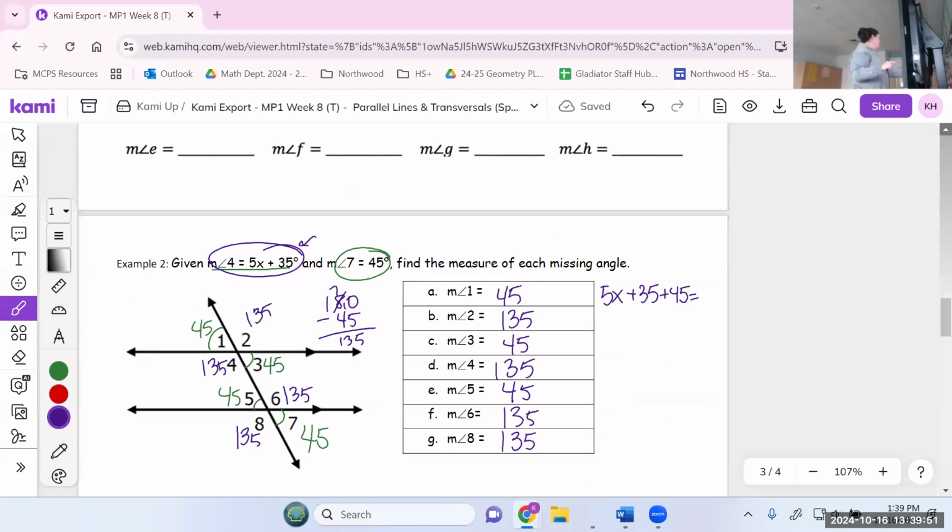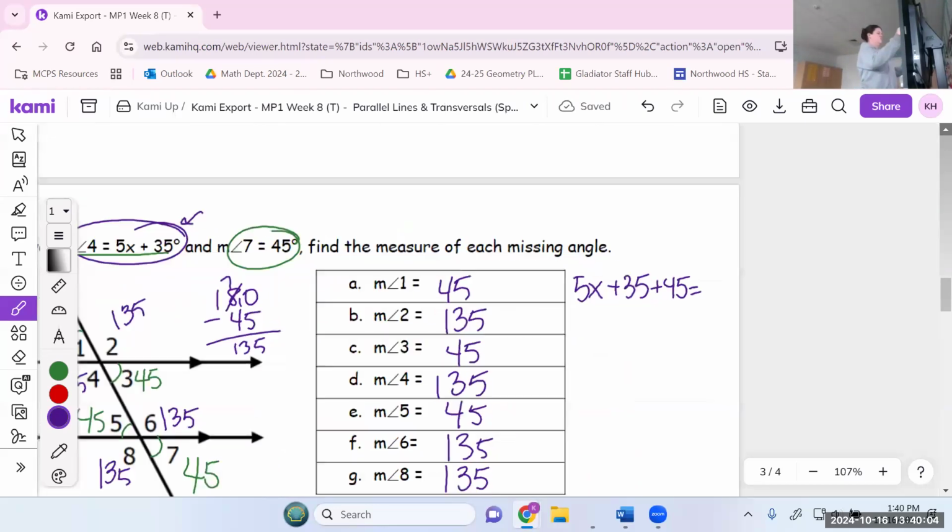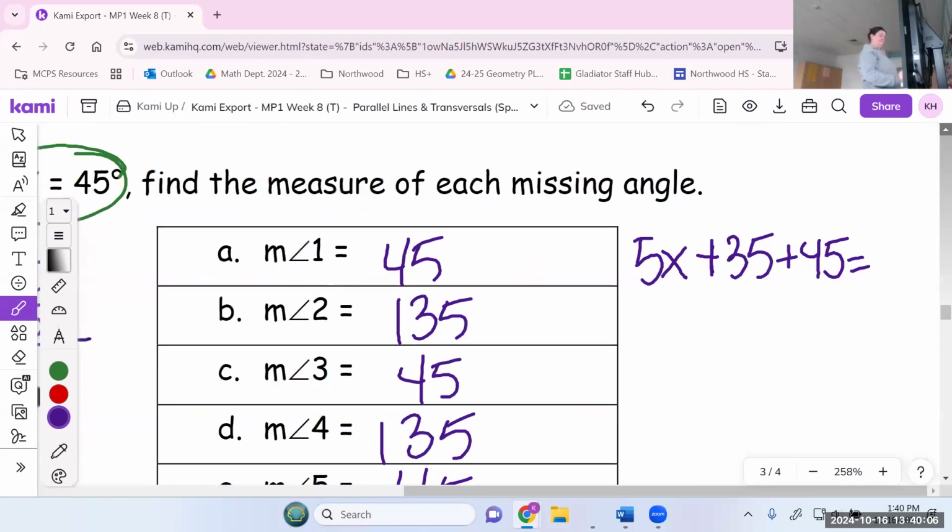Let me show you why. Let me make sure. Don't want to do it wrong. See how angle 4, we already know, is 135, and angle 7 is the 45. So I know that those are supplementary. I could add them to 180.